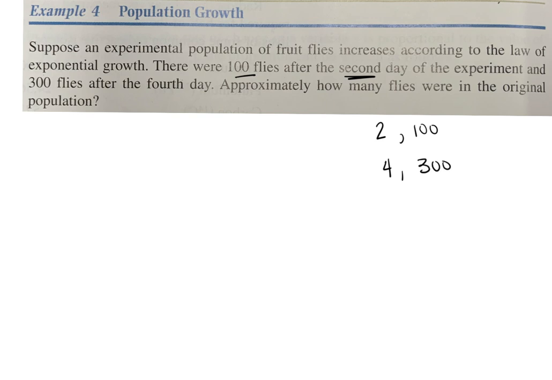Almost like an XY, even though we're not using those variables. So I am going to start with my Y equals C e to the KT, and I'm going to plug those in. So 100 equals C e to the 2 times K, and then 300 equals C e to the 4 times K.